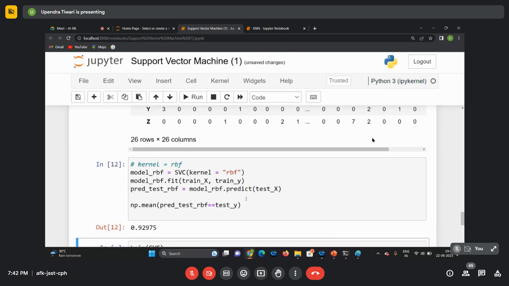When we took this RBF kernel, it gave us 92.97% accuracy on the test data.